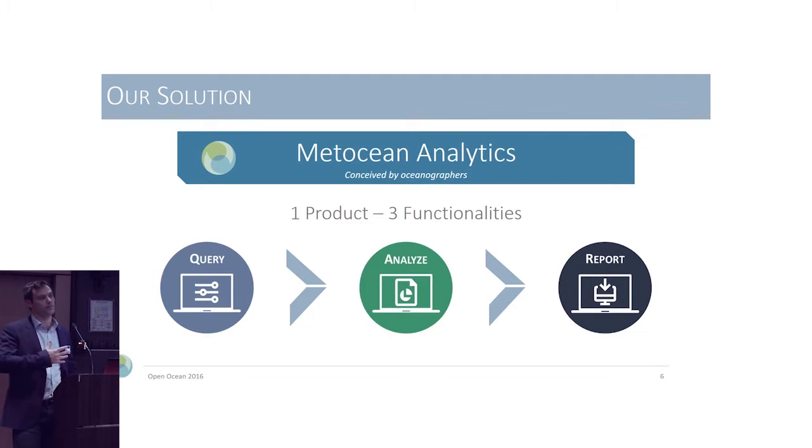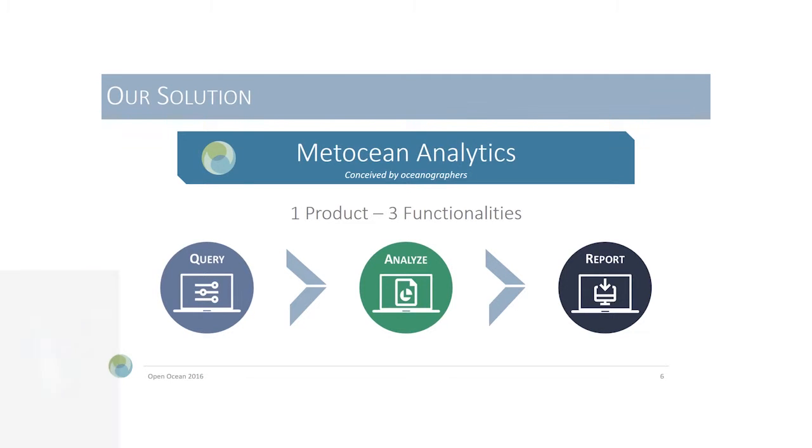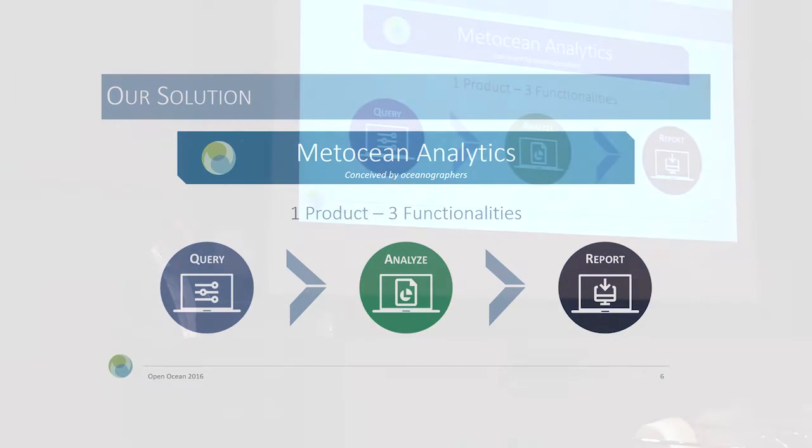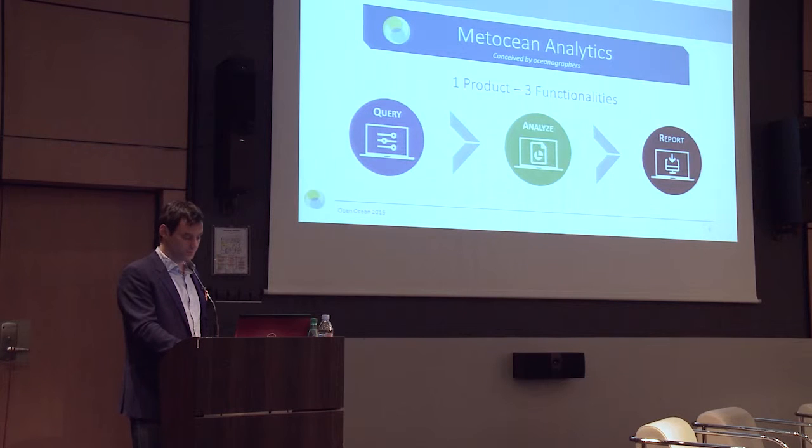And then you have a toolbox, a lot of tools that help you analyze and visualize those data. And you can also share those data with your collaborators inside the platform and generate your own PDF report with the information you want to share with whoever you want.